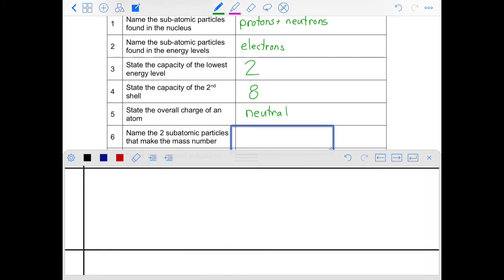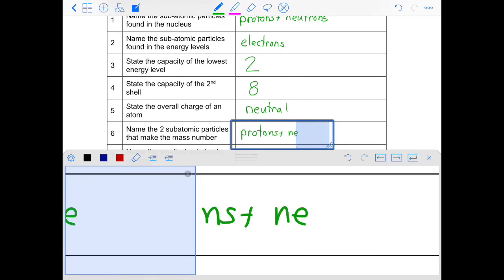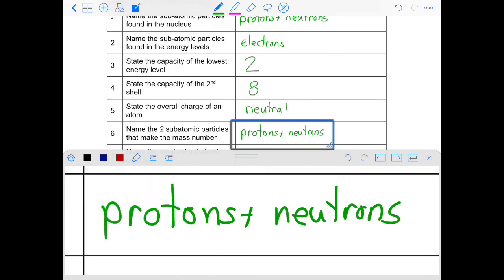The two subatomic particles that make up the mass number are protons and neutrons, the same as in question 1. So hopefully you'll be able to remember that more easily because of that.